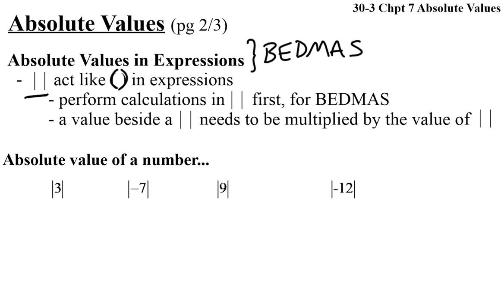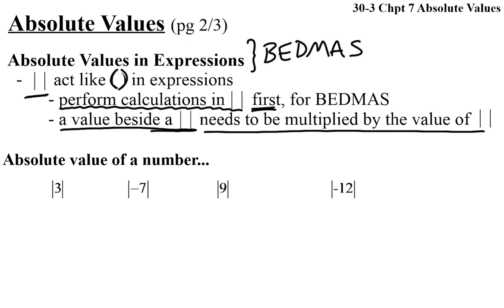What do curved brackets in normal BEDMAS tell us? It tells us to perform the calculation inside first. So we're always going to calculate inside the absolute first. It also tells us that a value beside the absolute brackets needs to be multiplied by that value. Those are the two key things about absolute value signs when we're calculating.